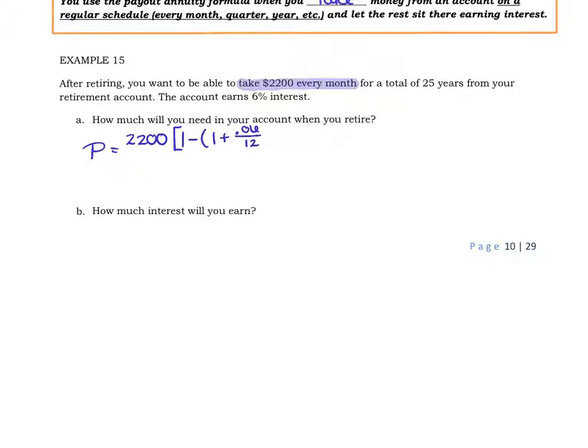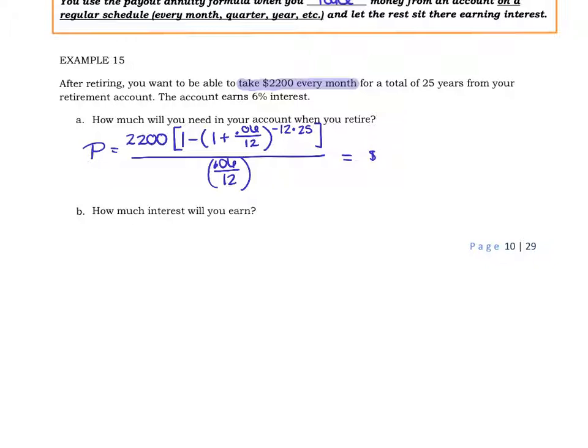We're going to pull money out every month to pay our bills, and that is raised to the negative N, 12 times T. You're going to do this for 25 years power, all over your interest rate, 0.06, divided by how often you're pulling that money out, which is 12 times a year. So how much do you need if you want $2,200 to live off of every month for the next 25 years upon retirement? Type that all into your calculator.